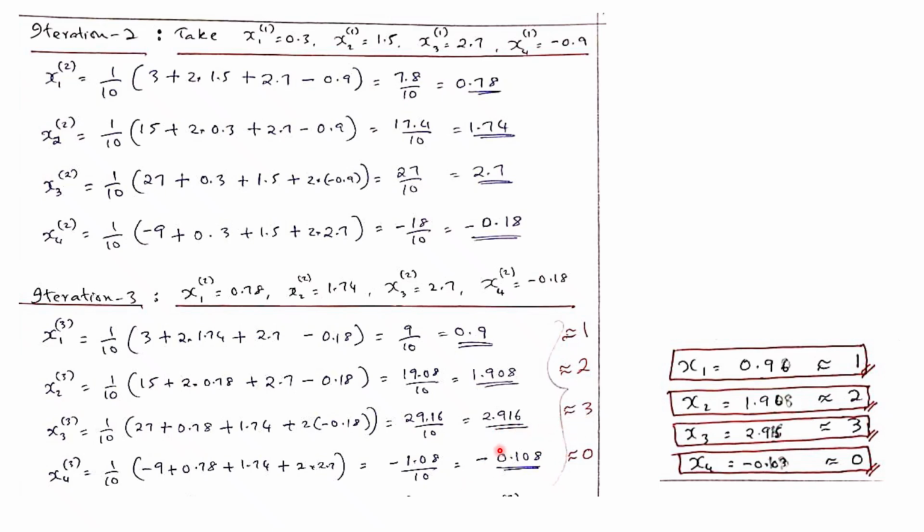And x4 is minus 0.1 something, so it is nearing 0. So you got the values x1 as 1, x2 as 2, x3 as 3, and x4 as 0. Finally you can conclude like this.